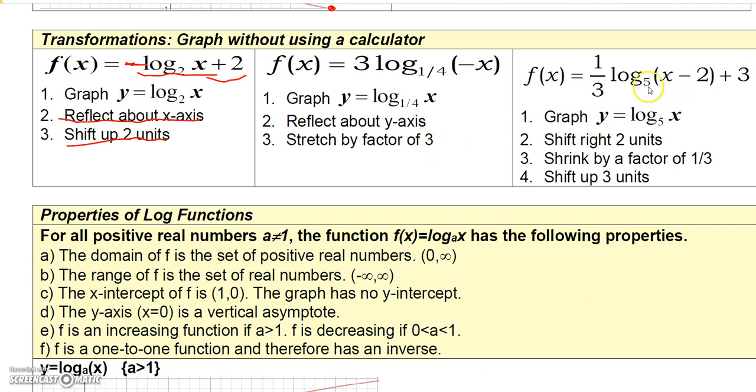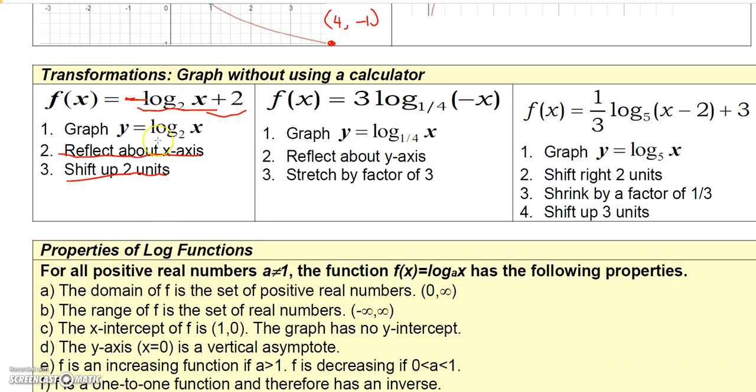And then this last one would be based on the log of x base 5 graph. The x minus 2 would just shift the graph 2 units to the right. The 1/3 would shrink the graph by a factor of 1/3, and then the plus 3 would shift it up. And so that's how those operations affect the graph.